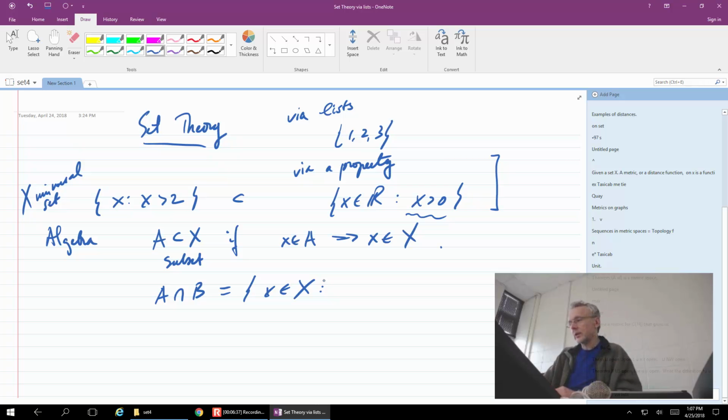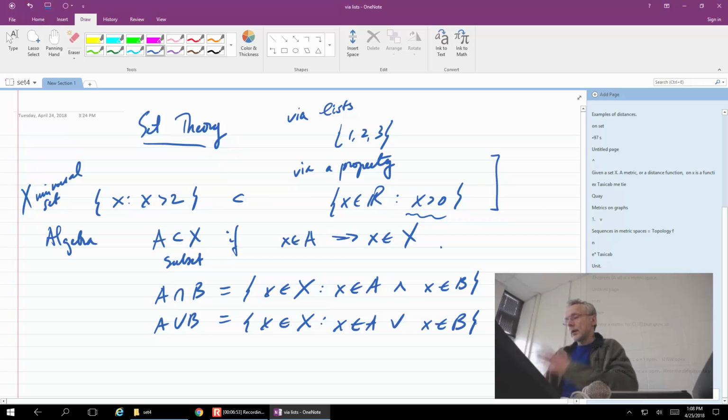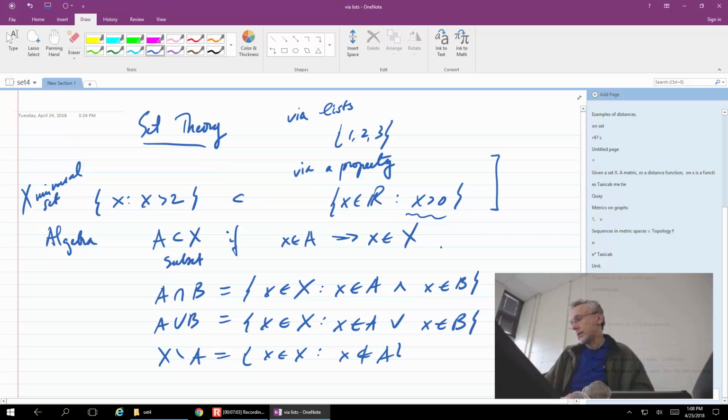Intersection: those x such that x belongs to A and x belongs to B. Or union: x such that x belongs to A and/or x belongs to B. In that manner you can define sets. You can define the complement, right? x such that x does not belong to A. So we have formed three sets.